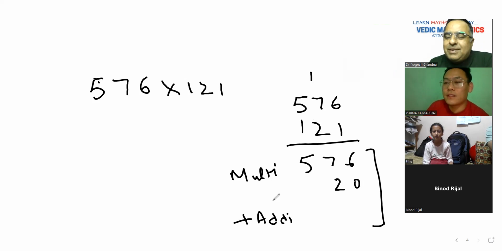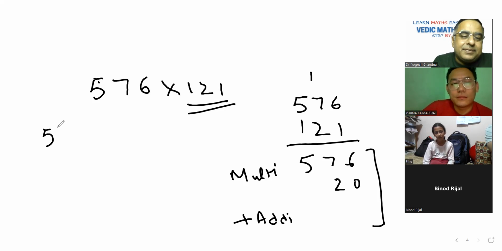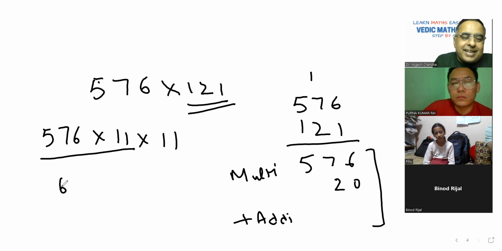Now you are going to attend the workshop. I didn't want to show you right now so that all the excitement won't go off. Now you will visualize what this number 121 is. It is 11 into 11. Now this is verbal: 6336 into 11.